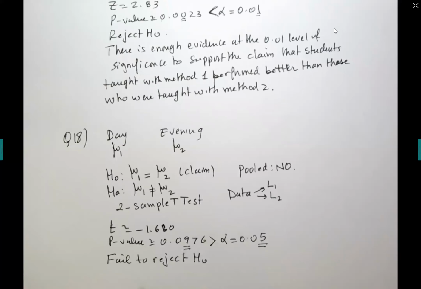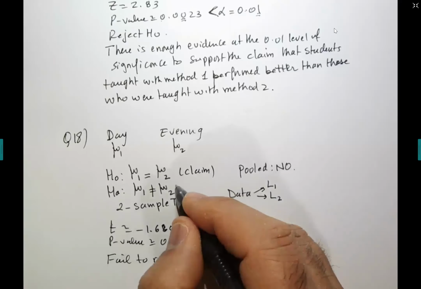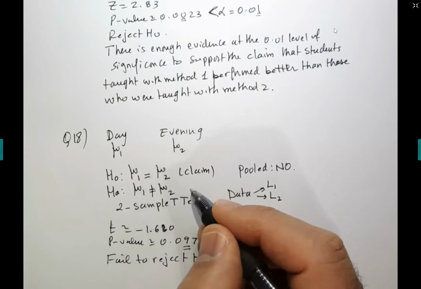Okay, if you fail to reject H0, then the claim is in H0. What do we say here? We cannot reject H0 and the claim happened to be in H0.